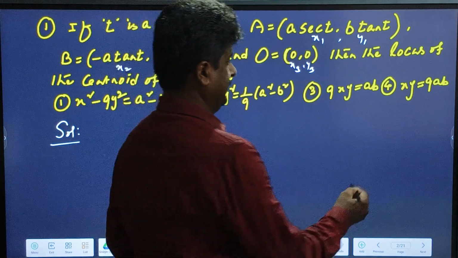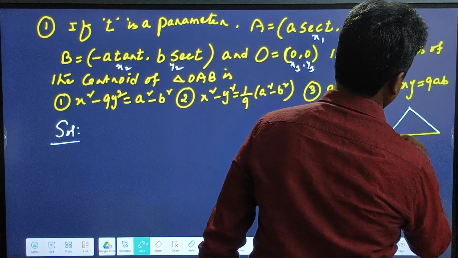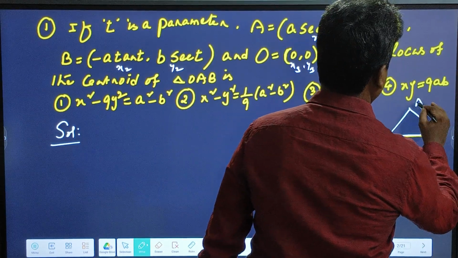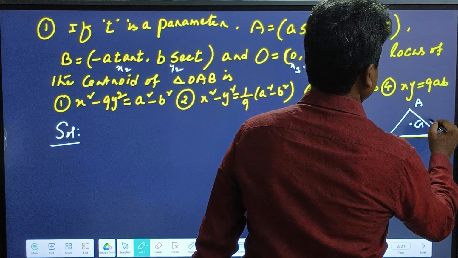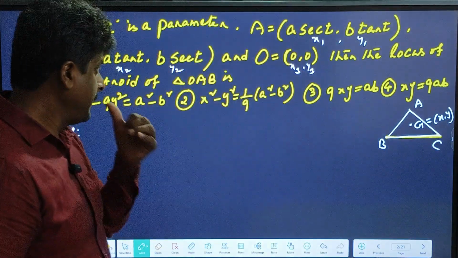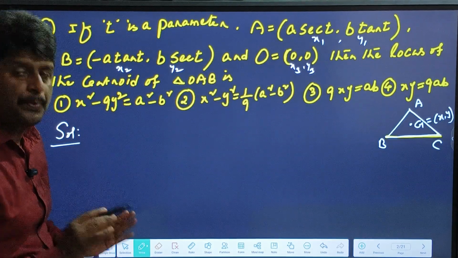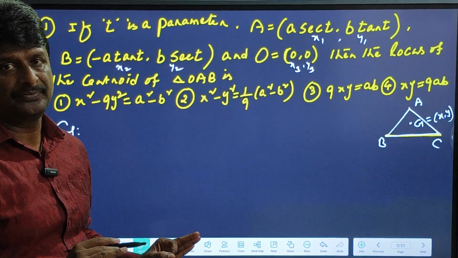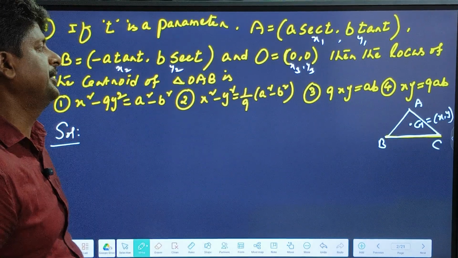Here, we need to find the locus of the centroid of a triangle. Let the centroid be x comma y. Not only this, to find the locus of any point, our first step is to consider x comma y as the locus point.